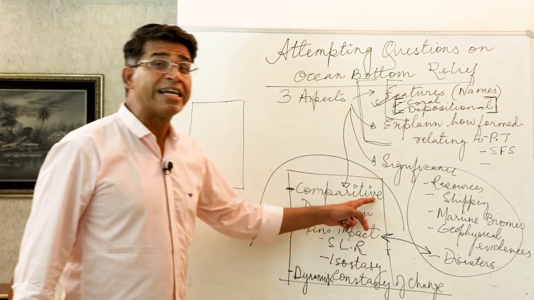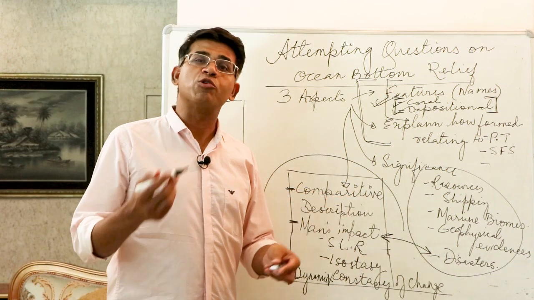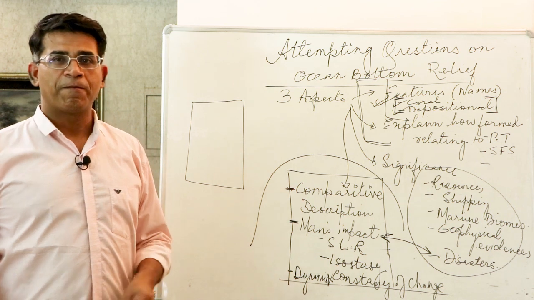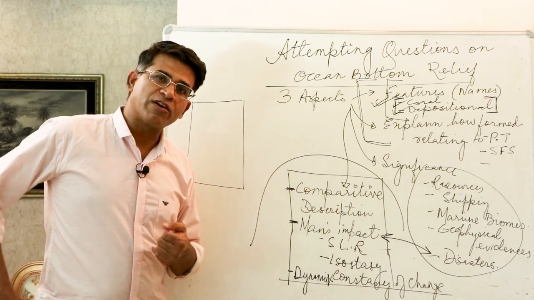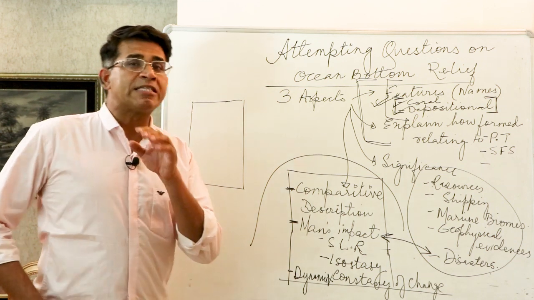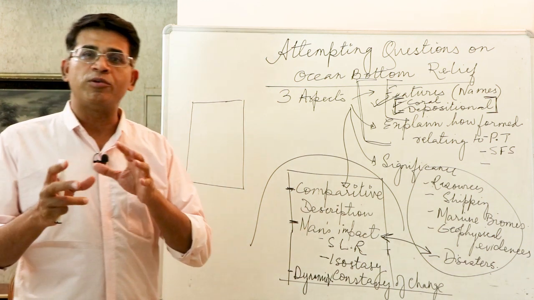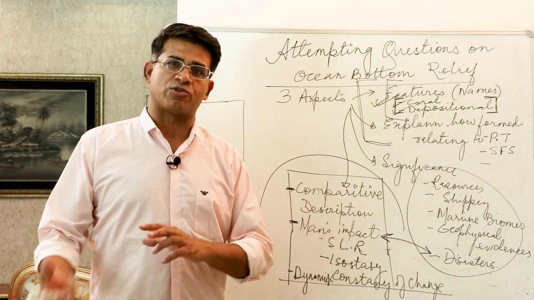the comparative description of the ocean floor features. What I mean by this is, say if they ask you Pacific Ocean, there must be some discussion in relationship to Atlantic and Indian Ocean also.